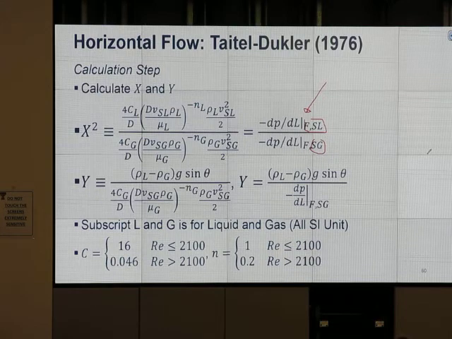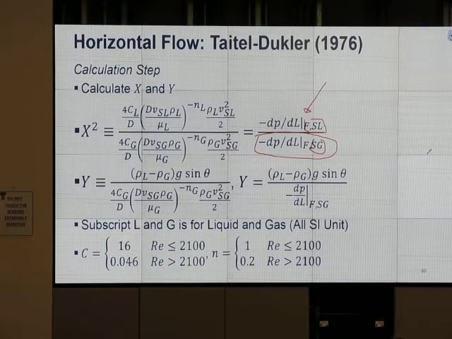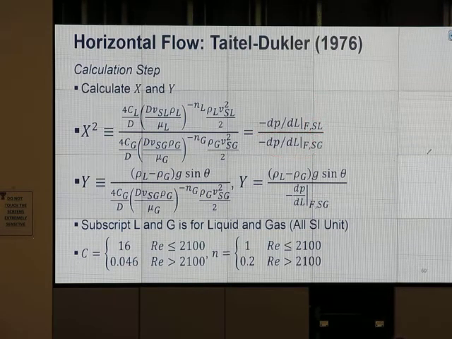If X squared is a lot less than 1, this means the frictional pressure loss comes from mostly gas. X squared, I think they call the Lockhart-Martinelli parameter. It gives us some understanding of friction from liquid or from gas, which one is more.